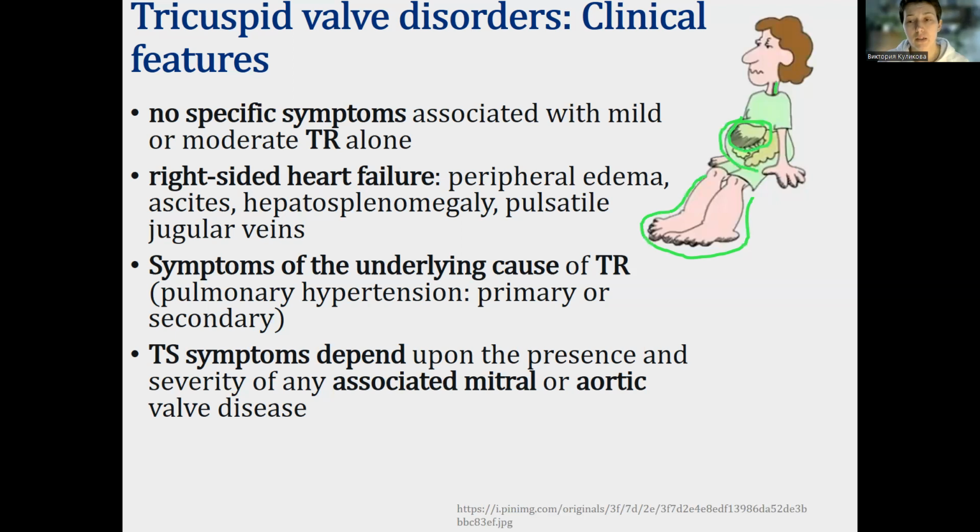We can also find some symptoms of the underlying cause of tricuspid regurgitation, for example, pulmonary hypertension. Tricuspid stenosis symptoms depend upon the presence and severity of any associated mitral or aortic valve disease.